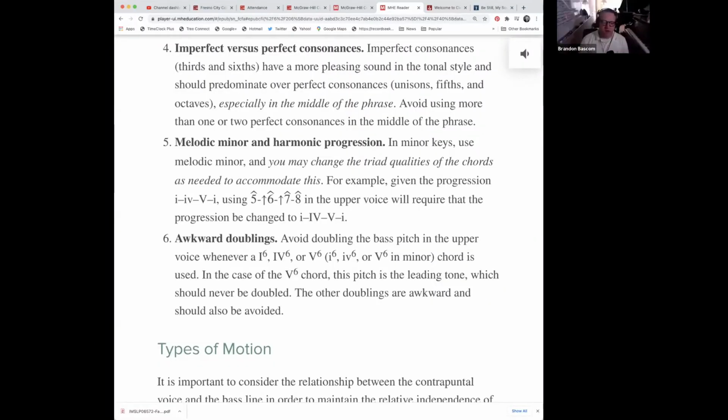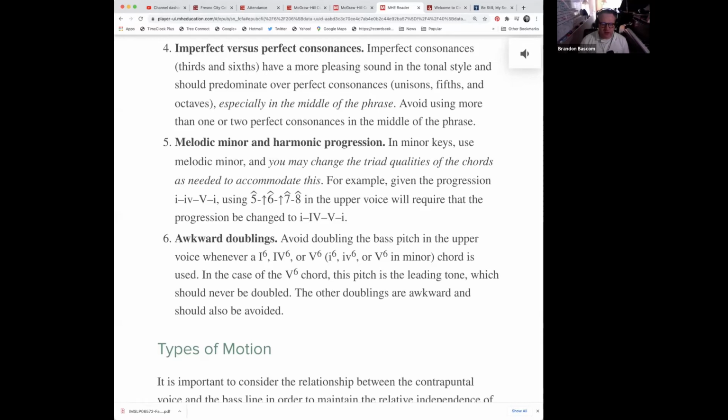Avoid awkward doublings. Avoid doubling the bass pitch in the upper voice whenever a 1-6, 4-6, or 5-6 chord is used in major or minor. In the case of the 5-6 chord, this pitch is the leading tone, which should never be doubled.